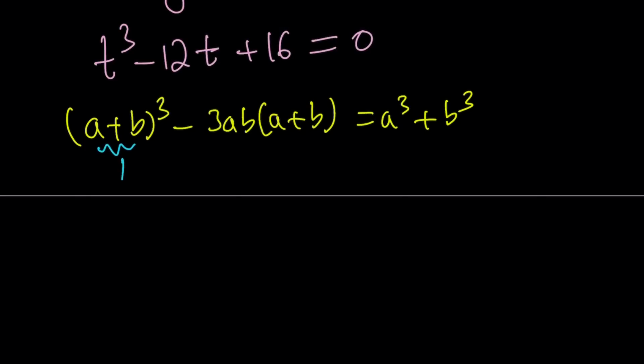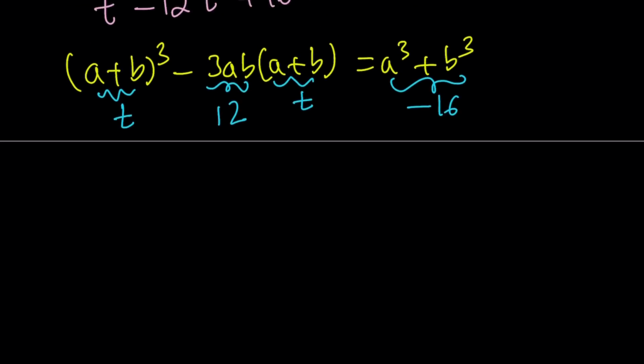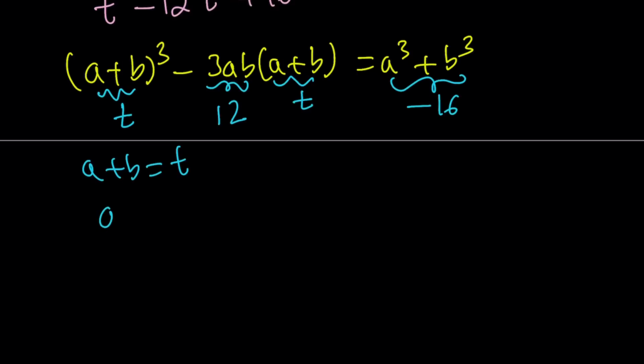So we can replace a plus b with t, and then we can replace this with 12, and we can replace this with negative 16 because 16 needs to be on the other side. We're done, right? Well, we're done meaning we got a system from here. So a plus b is equal to t, 3ab is equal to 12, meaning ab is equal to 4, and a cubed plus b cubed is equal to negative 16.